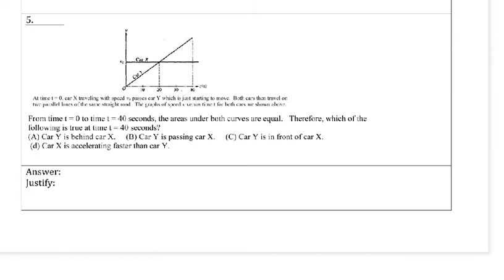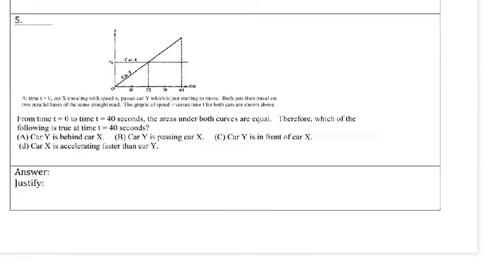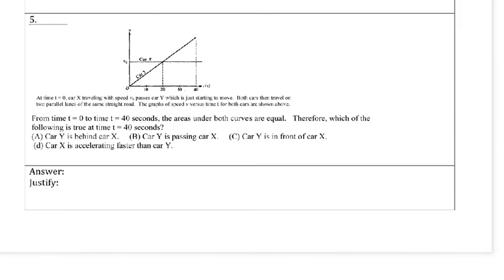The graphs of speed versus t, so we have a velocity time graph, are shown above. Okay, and our question is asking from t equals 0 to t equals 40 seconds, the areas under each curve are equal. Okay, so what does that mean at t equals 40 seconds?